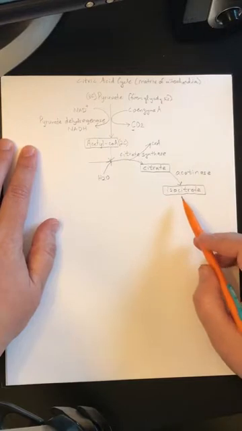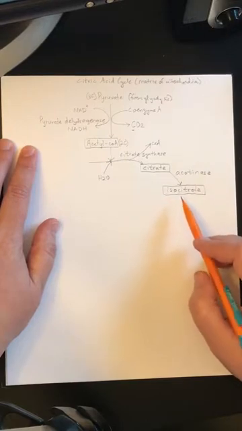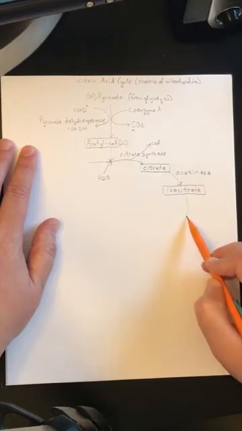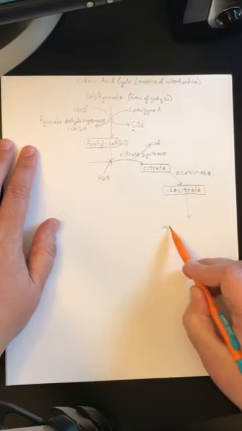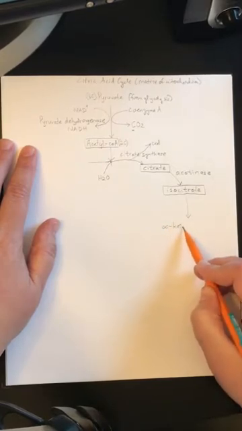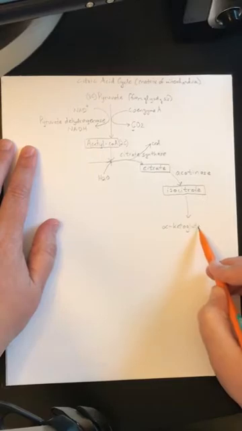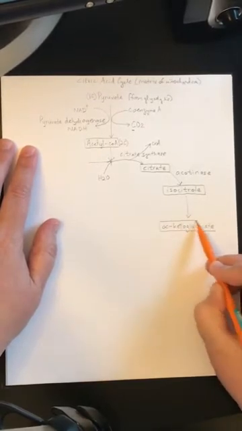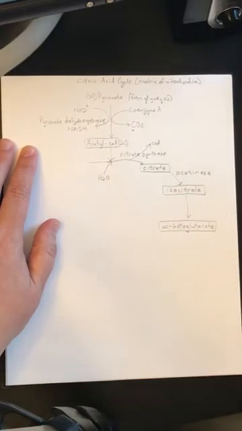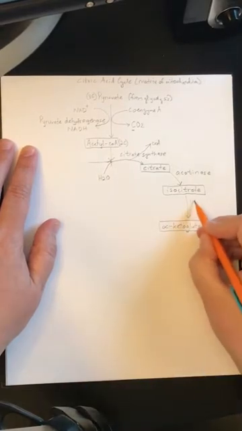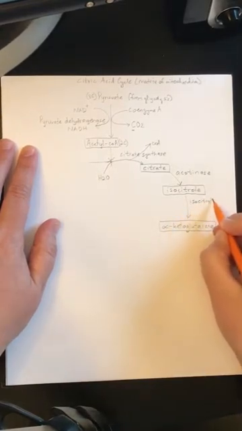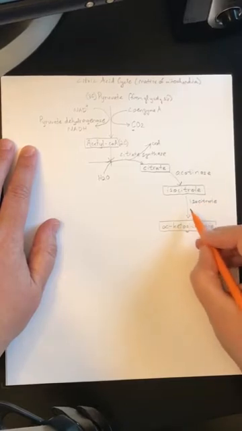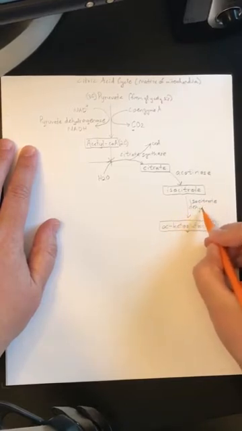All right, moving along from isocitrate, next we're going to form a molecule called alpha keto glutarate. Alpha keto glutarate. If we do have the enzyme isocitrate dehydrogenase available, this reaction will happen.